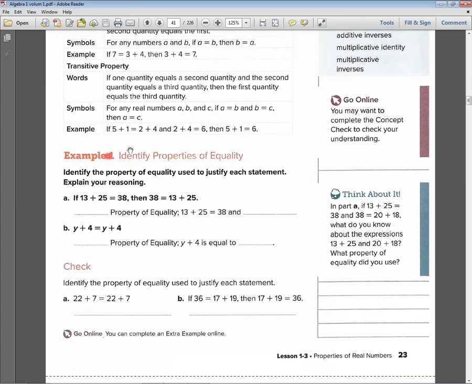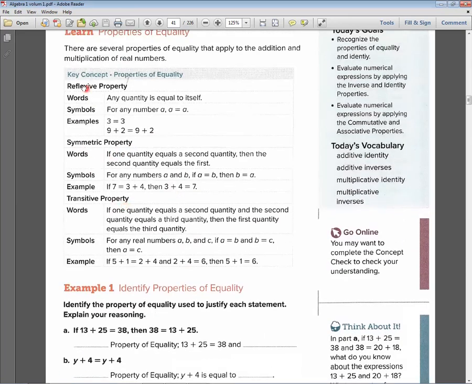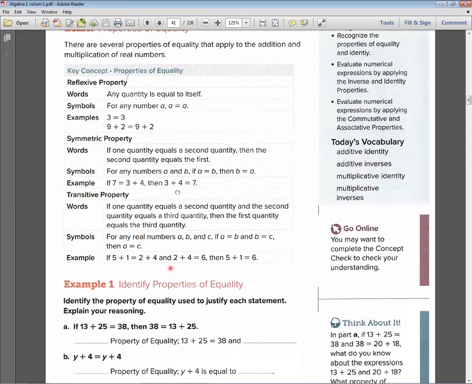For example, I know 5 plus 1 equals 2 plus 4 because each one of them equals 6. And I know also 2 plus 4 equals 6. Okay, so I can move from 5 plus 1 to 6. 5 plus 1 equals 6. It's transitive property. Once again, reflexive property, symmetric property, and transitive property.